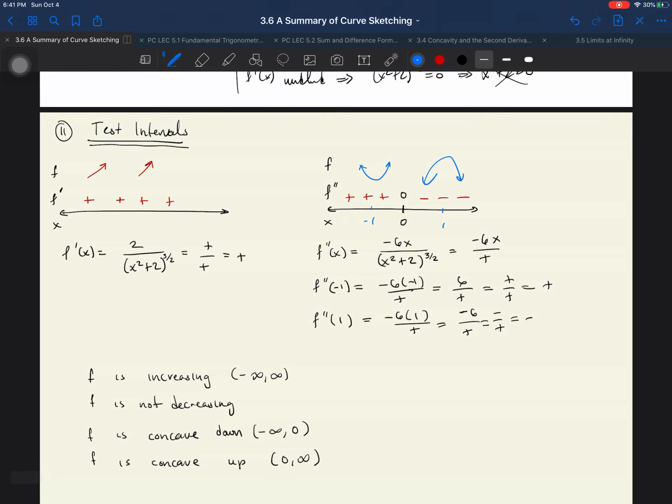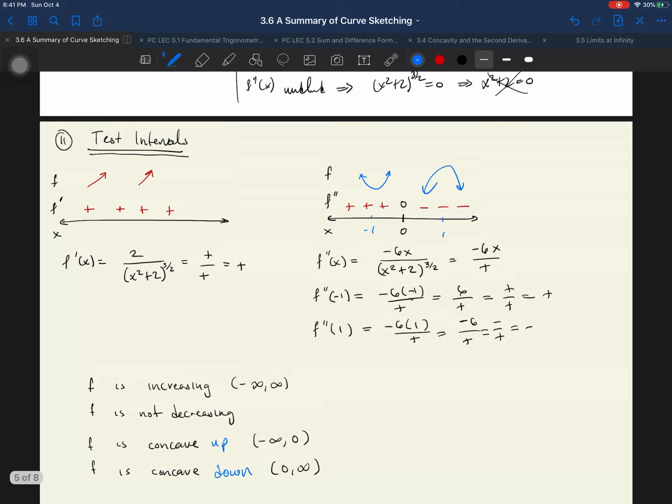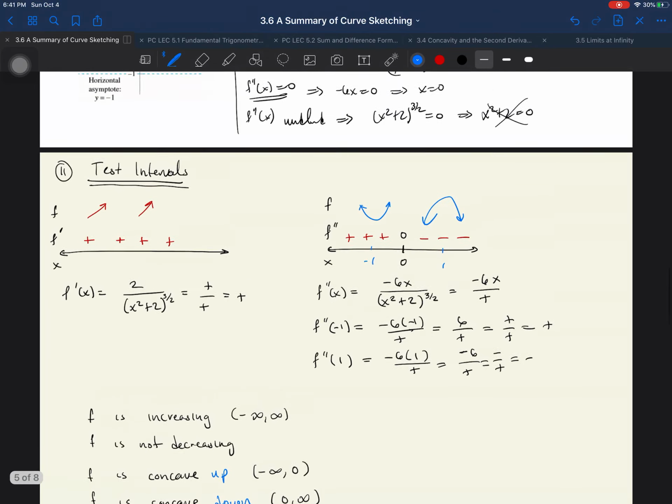So, conclusion: f is increasing from -infinity to infinity. There's no decreasing part. It's concave up from -infinity to 0, and concave down from 0 to infinity. All right, there you go.